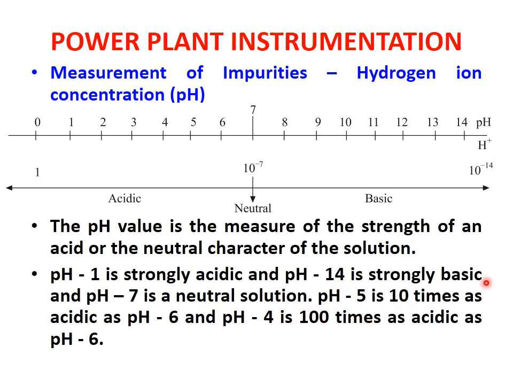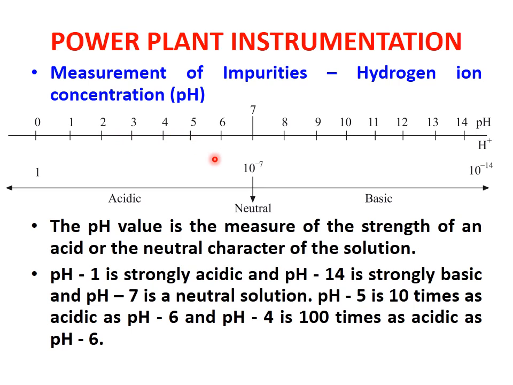Now see one example of how the pH value is interpreted. pH 5 is 10 times as acidic as pH 6. The value of pH changes in the range of tens, that is, 10 times. It means that a solution of pH 5 is 10 times as acidic as pH 6, and pH 4 is 100 times as acidic as pH 6.